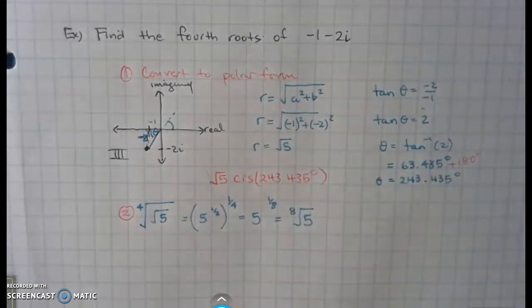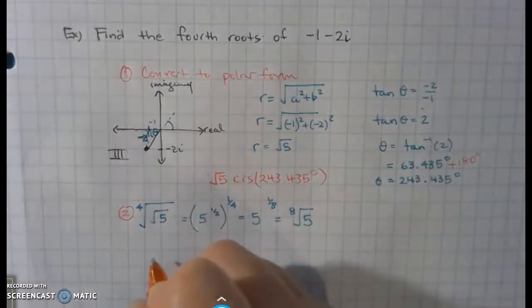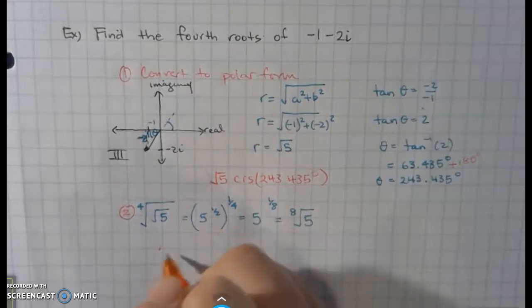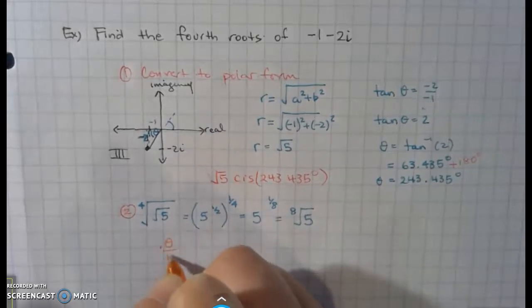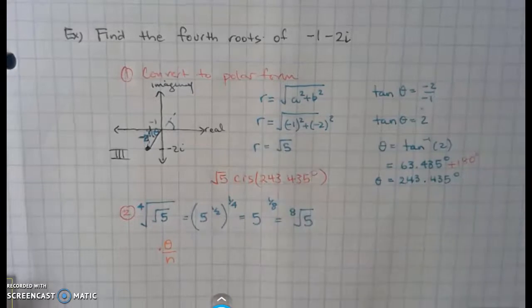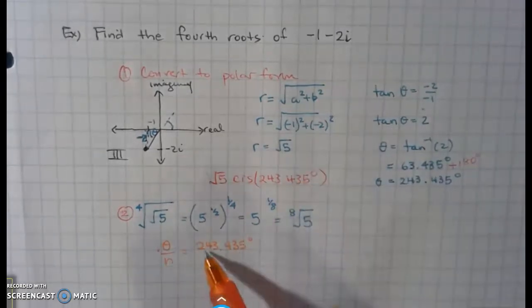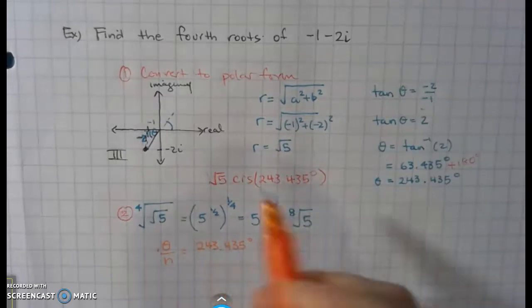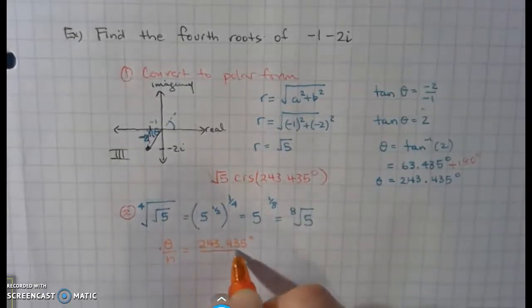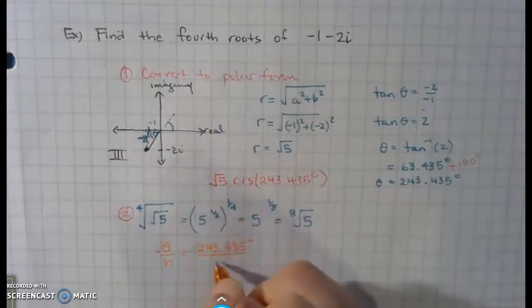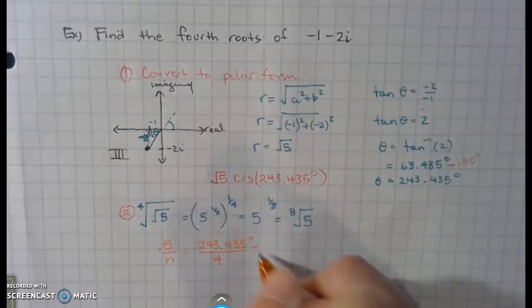Okay, what about theta? Well, to find theta, you start with theta over n. So theta right now is 243.435 degrees, and we're taking the nth root. So we're taking the 4th root, so n is going to be 4.